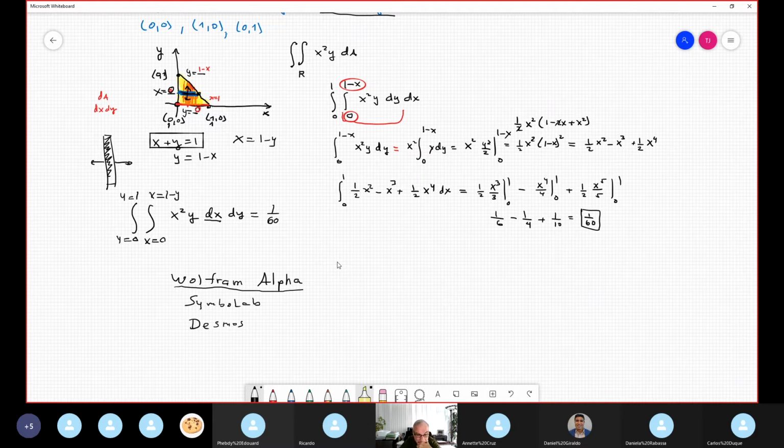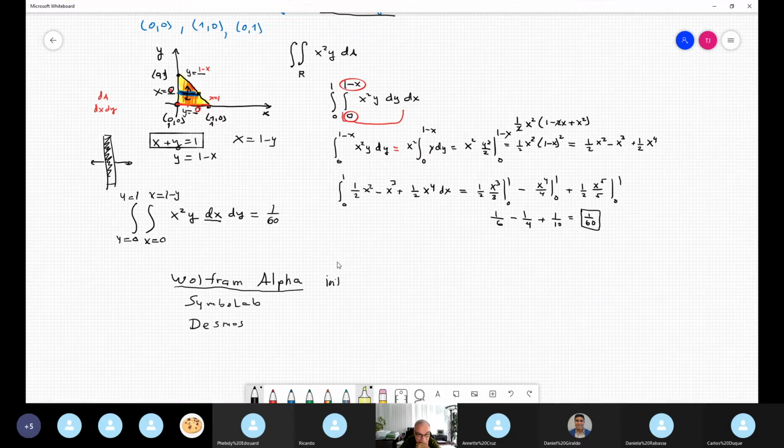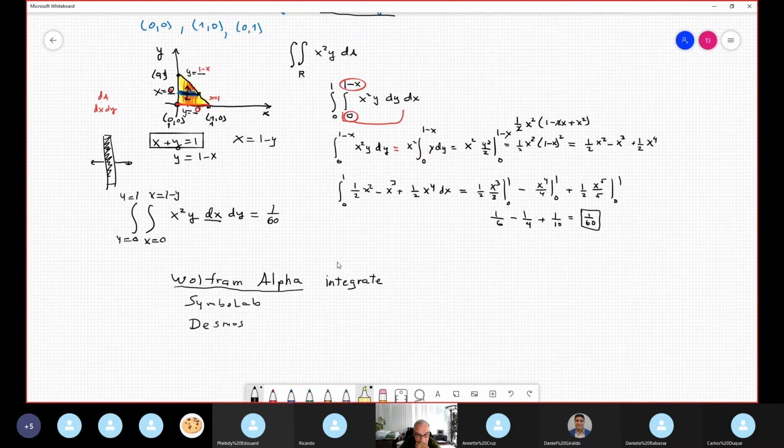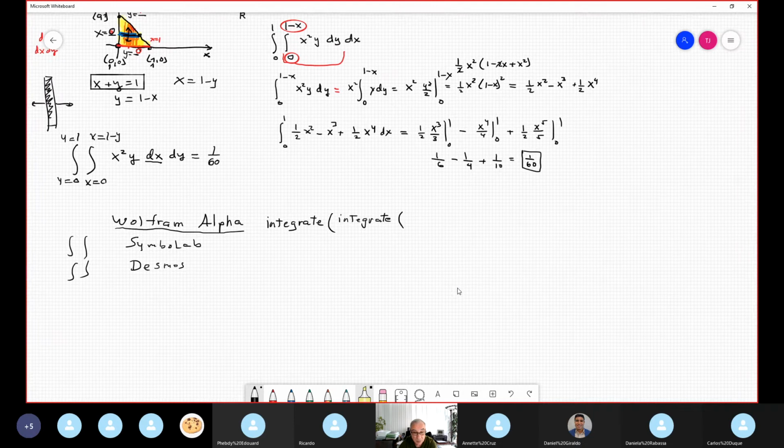In Wolfram Alpha, the syntax is integrate. You copy here, integrate, open the parenthesis. One is a double integral, so you integrate again. This is Wolfram Alpha. In Symbolab and Desmos, you can write it like on paper. So it's up to you how you make a decision.